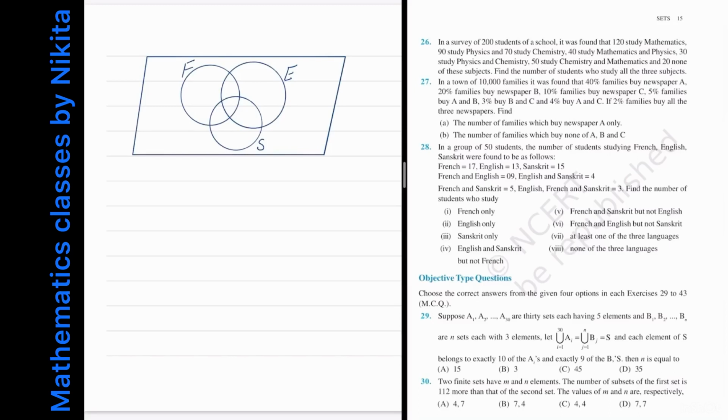So first we will find the values of these numbers: a, b, c, d, e, f, g.